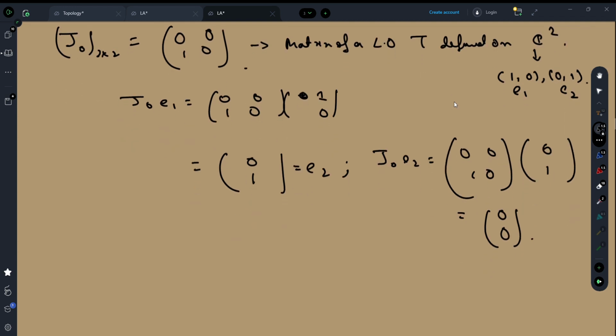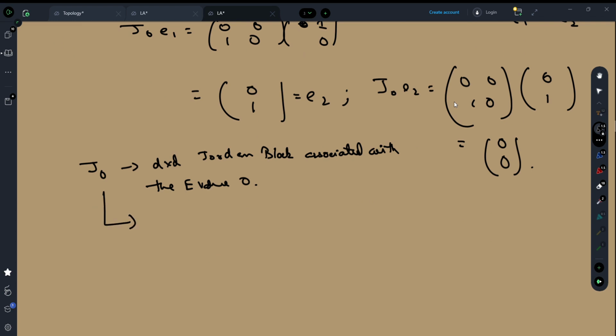Inductively, if you consider the Jordan block associated with the eigenvalue 0, so consider this as the D cross D Jordan block associated with the eigenvalue 0.